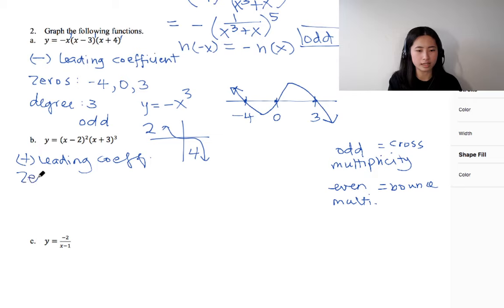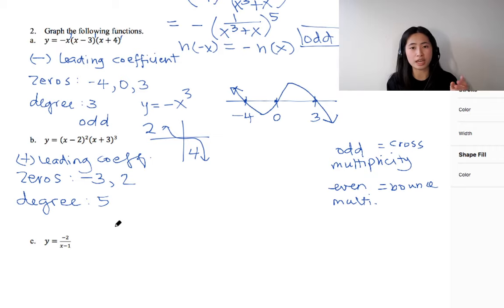And your zeros are essentially -3, x plus 3, and +2, right? And then your degree now is going to be 5, and the reason why it's 5 is because it's 2 plus 3, right? So degree is the sum of your multiplicities.